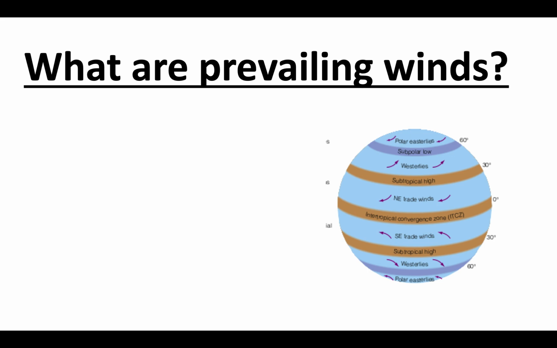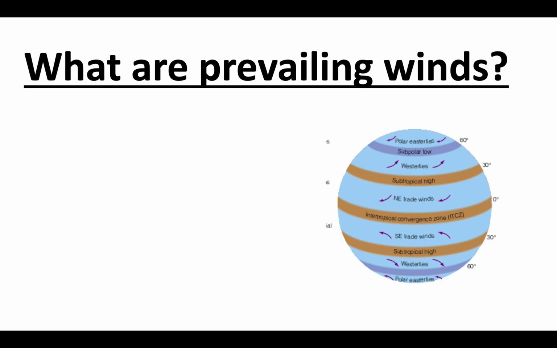They are called the trade winds, the westerlies, and the polar easterlies. So we have three main belts. Remember that. Three main belts on each side.